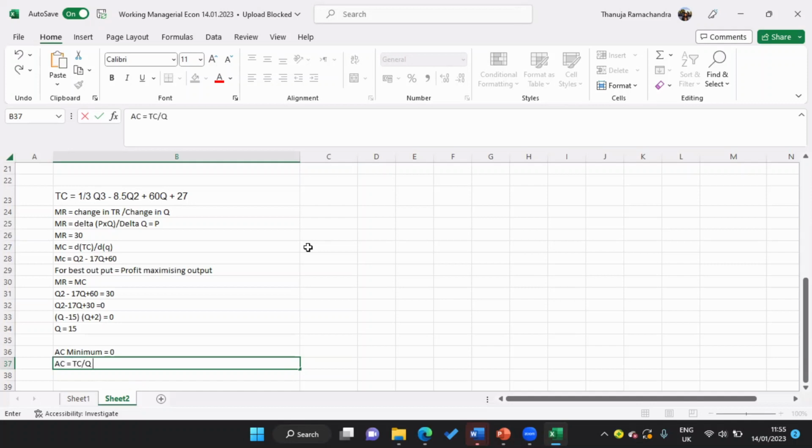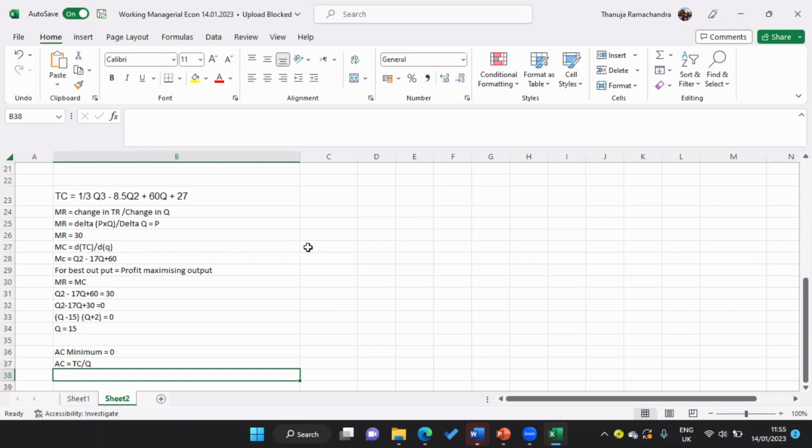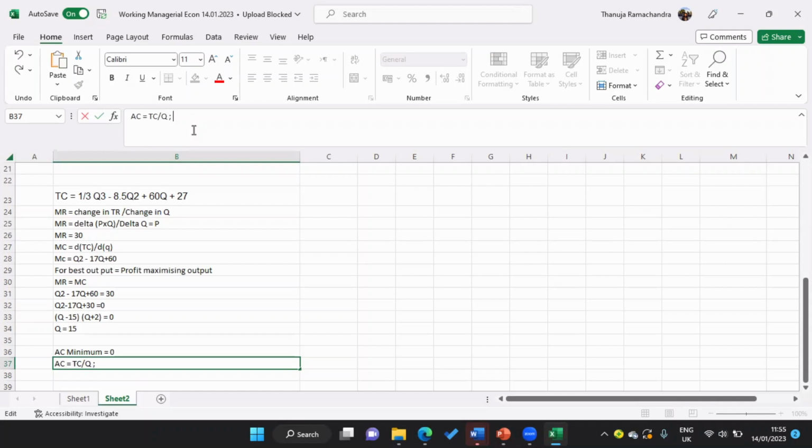So it is 1/3 Q squared minus 8.5 Q plus 60 plus 27 divided by Q. This is the average cost.